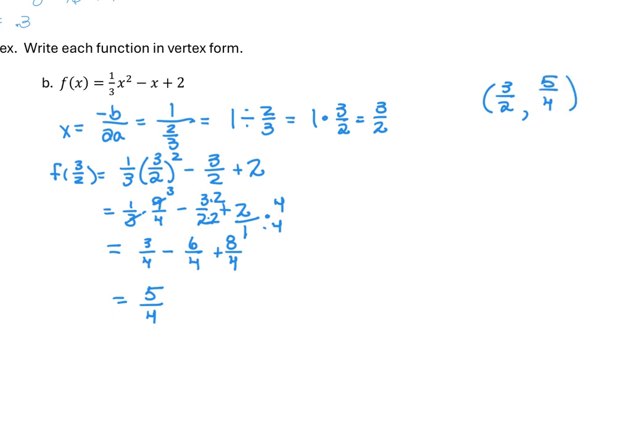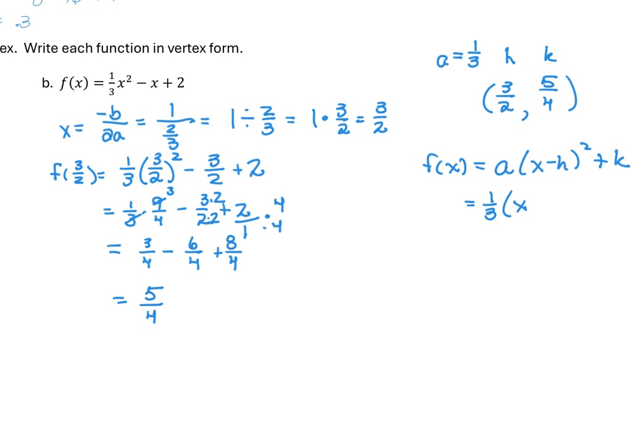We do want these in fraction form because our original problem does have fractions in it. This is my vertex, this is my h and my k, and I know that my a is equal to 1/3. We can plug this into our vertex formula. So we have a is 1/3.